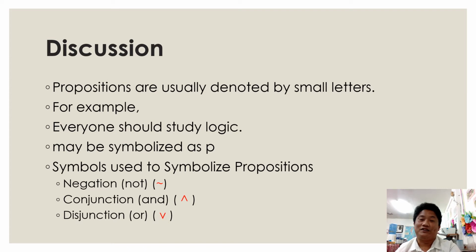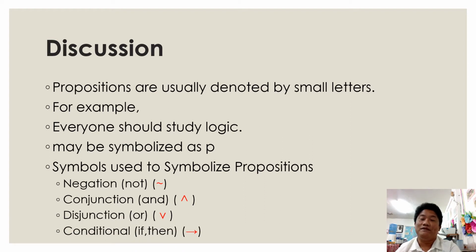Next is disjunction. When you hear the word disjunction, you automatically have the word separation. But here in logic, disjunction means combining. Combining 2 statements with the use of or. And the symbol used for disjunction is arrow down, or similarly letter V, but it is an arrow down. Then conditional if then.